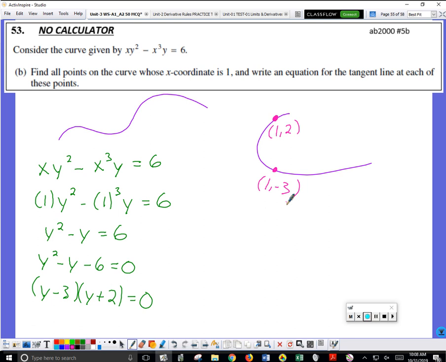We know the x coordinate is 1 because they specifically said, go look at when x has a value of 1. I know this is the equation for finding any of the points. So I took the equation and replaced x with a value of 1. The key idea here is you have an equation.